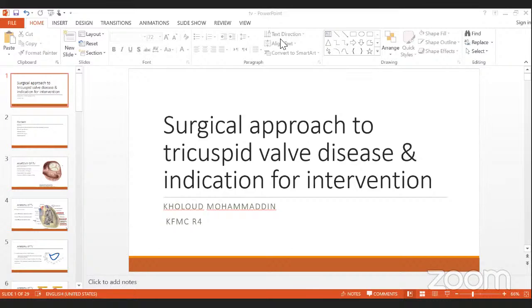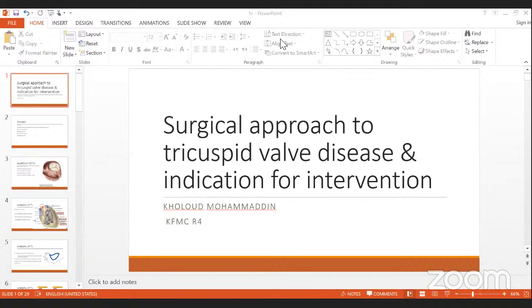Nowadays they are even talking about the forgotten valve, the tricuspid valve, and the idea to intervene on the tricuspid once it has reached the indication. If you notice, even in the guideline, the only valve that you will intervene on, even with mild but dilated or sign of pulmonary hypertension, is the tricuspid valve.